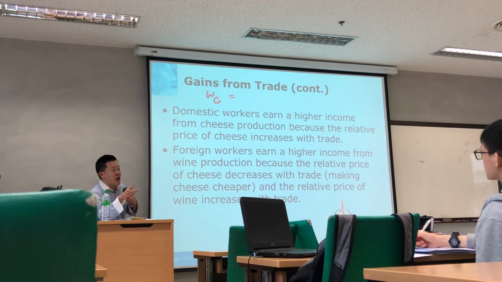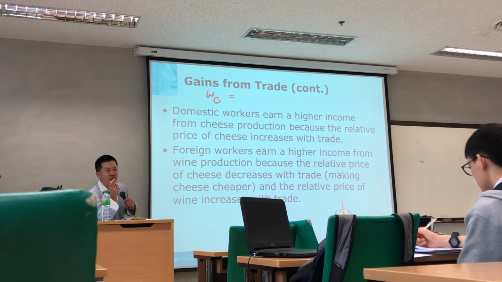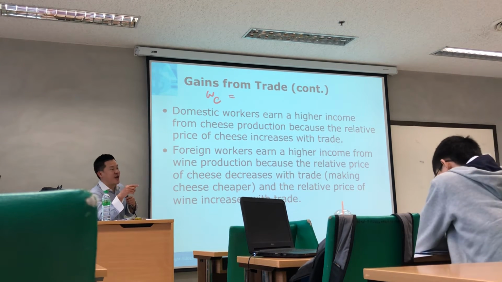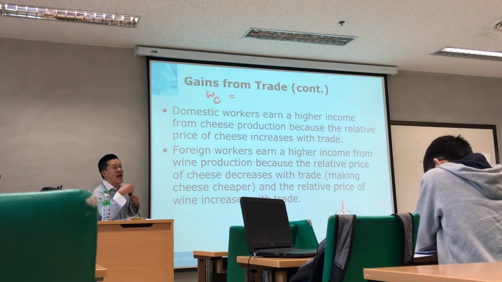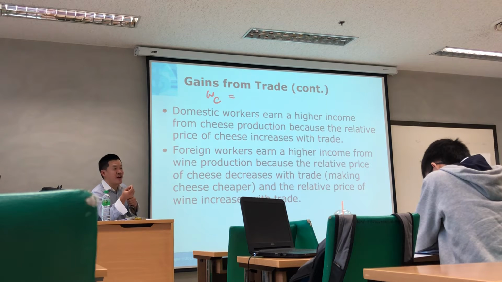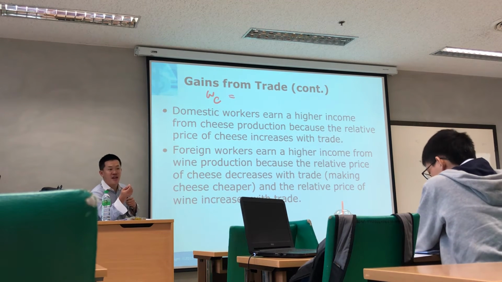If in 1 hour you can produce 2 units, then you can produce 2 units times price. Let's say $1 a unit, so you can generate $2 for the company, right?